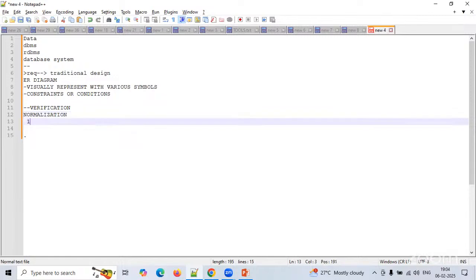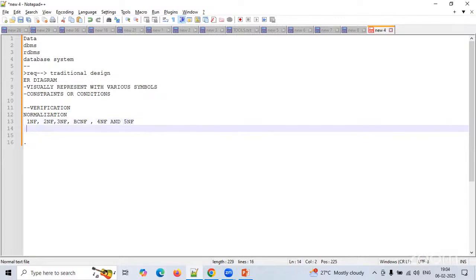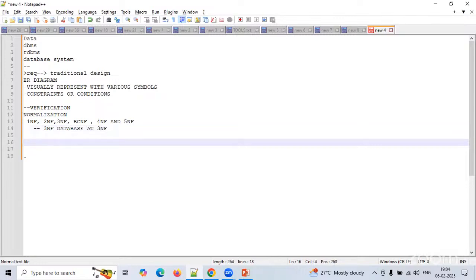In that we discussed first normal form, second normal form, third normal form, BCNF, fourth normal form, and fifth normal form. We said we restrict ourselves to designing a database at third normal form.